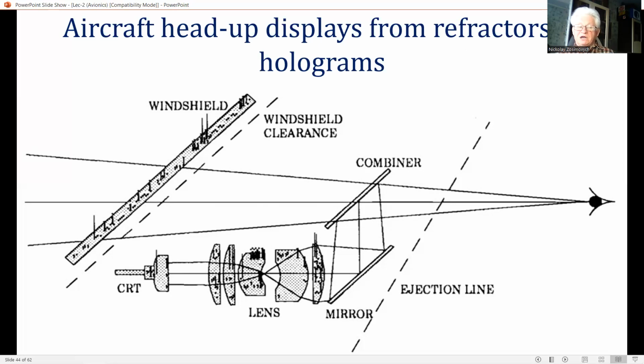Nighttime operation requires identical appearance symbology to the daytime symbology to be overlaid on the raster TV picture displayed on the HUD.